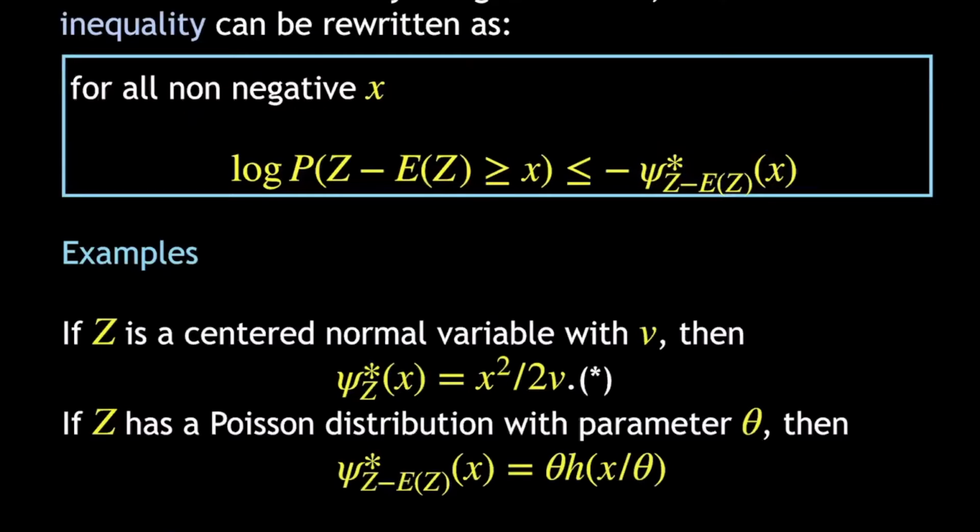So you can compute this quantity explicitly. It's not surprising to see that in the Gaussian case, you see appear what you expect. That is, if you have a centered normal with variance v, then this rate function is simply x squared over 2v. And if you have a Poisson distribution, it's interesting to make the computation.